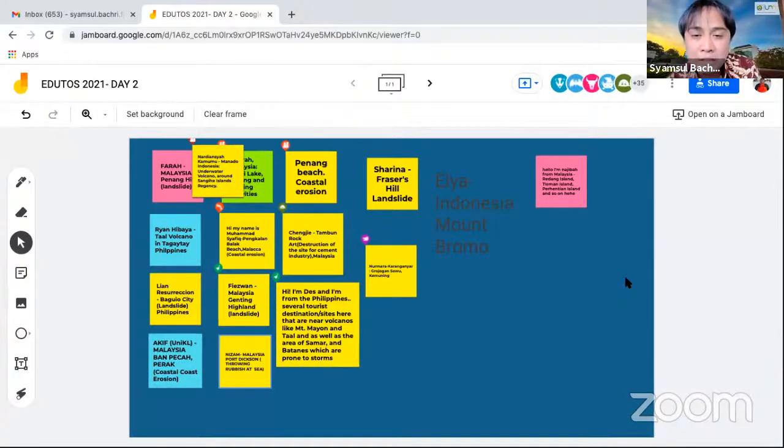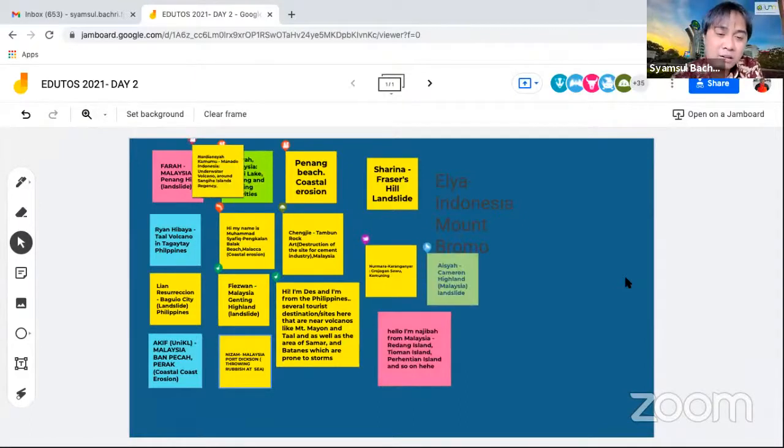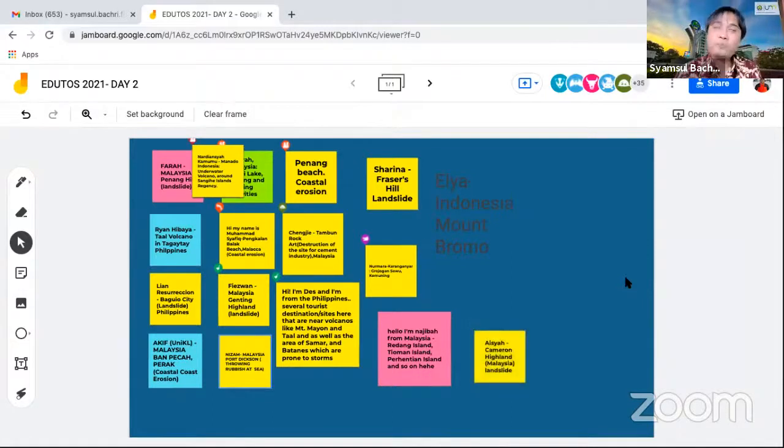So when we see this board, our countries are most similar because we not only have beautiful tourism destinations, but we also have hazards and dangerous threats within the area. And what should we do in these situations?